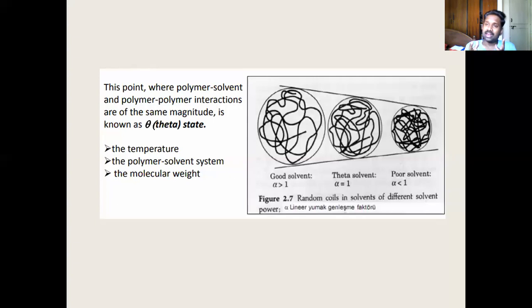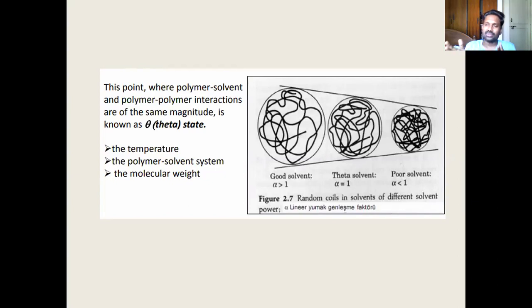So at a molecular level, a good solvent has higher attraction towards the polymer chains, polymer molecules, than itself. Whereas a poor solvent has higher attraction for its own molecules than for the polymer molecules. This is the thing we can use everywhere in any solutions.